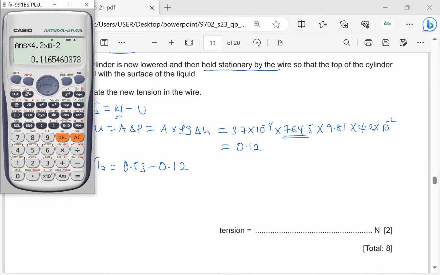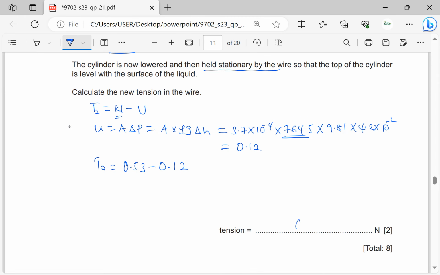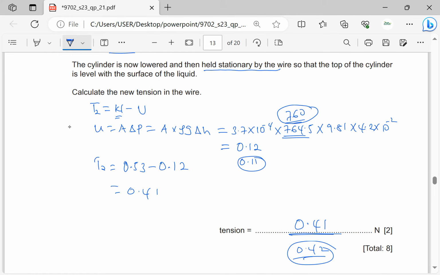So we just subtract that. 0.53 minus 0.12 gives us 0.41. If you use 760 here, you could be getting 0.42, because here you could get 0.11, depending on how you rounded off there, but this is very correct. So the answer is 0.41 according to my calculation.